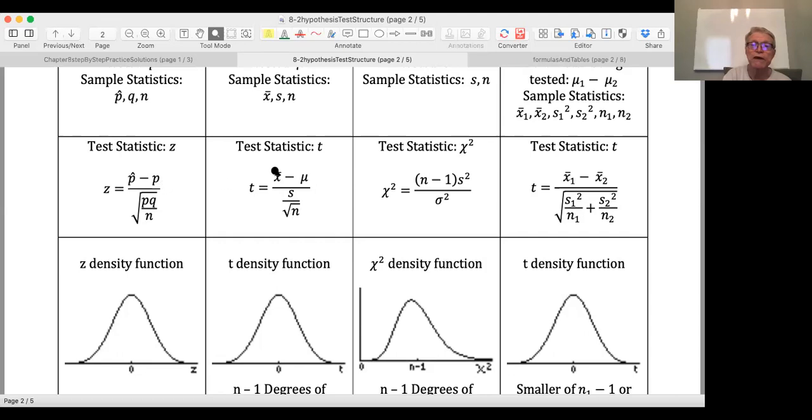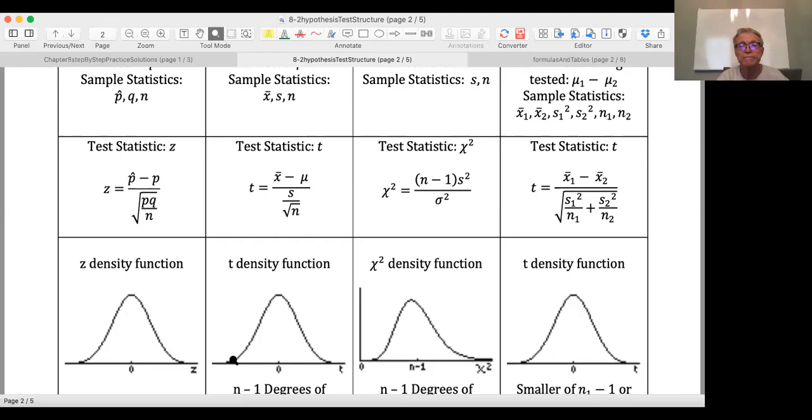Remember, the assumed value is being used in the formula right here. So we're liable to get large differences here, which means t is large. If x bar is less than mu, t would be negative. If x bar is greater than mu, t would be positive. So if the assumed value of mu is not correct, then we're liable to get values of t out in one of the tails, okay?